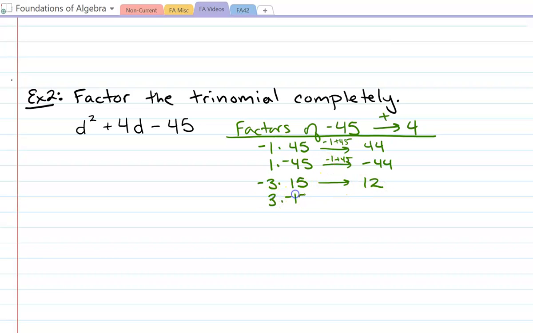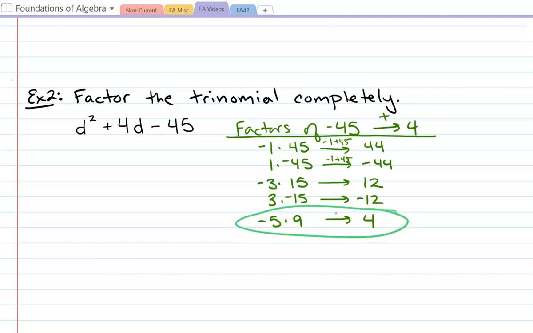And 3 times negative 15 would give us negative 12, so that doesn't work. 4 doesn't go into 45, but 5 does. What about negative 5 times 9? Add those together, we get positive 4. Okay, there we go. So there's the factor pair that we need. Put it into the form. So our answer is d minus 5, d plus 9.